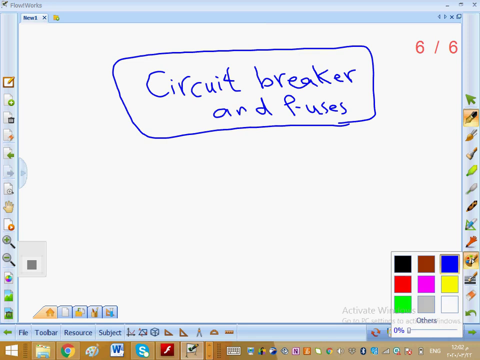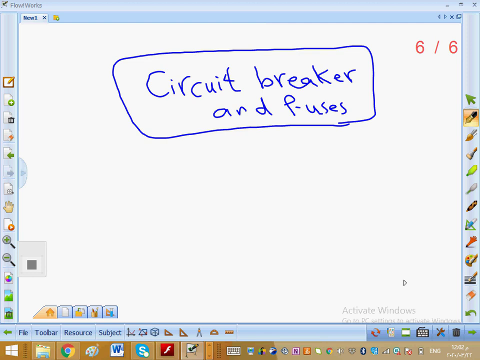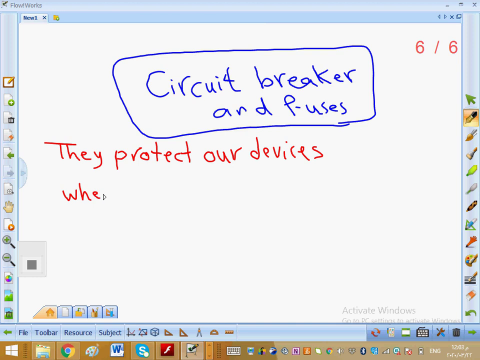So they protect our devices, or they prevent electric current when electric current comes too high or irregular.